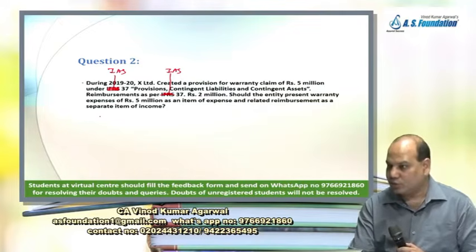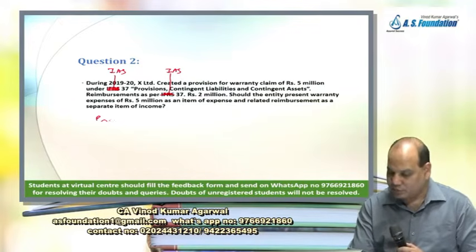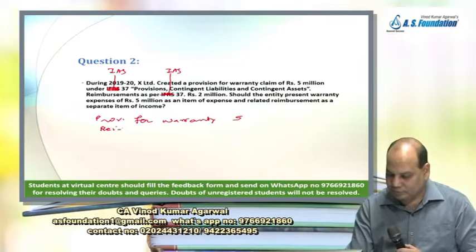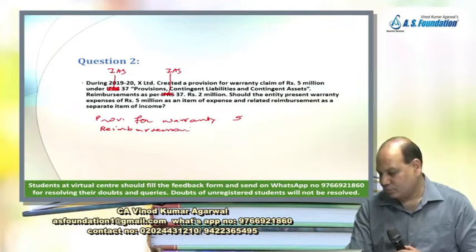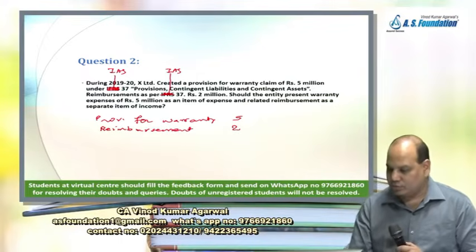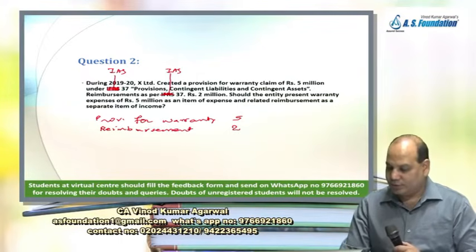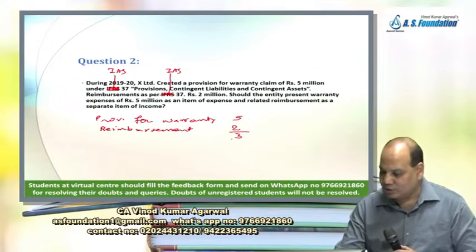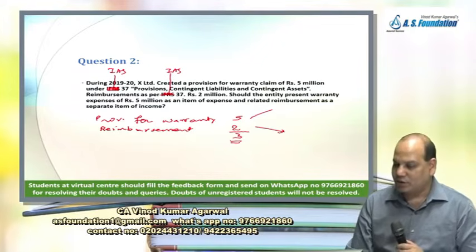There are 2 accounts that you have opened. One is provision for warranty, 5 million. Reimbursement 2. Is it right? So should we present net amount 3, or should we present this as an expense and this as an income?